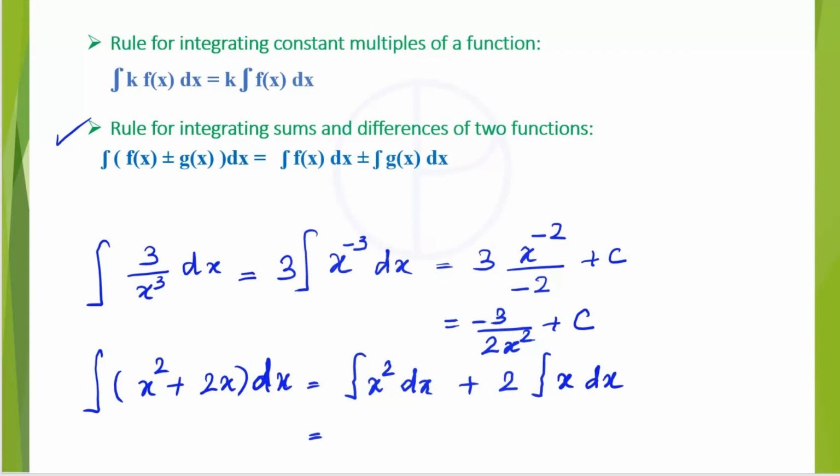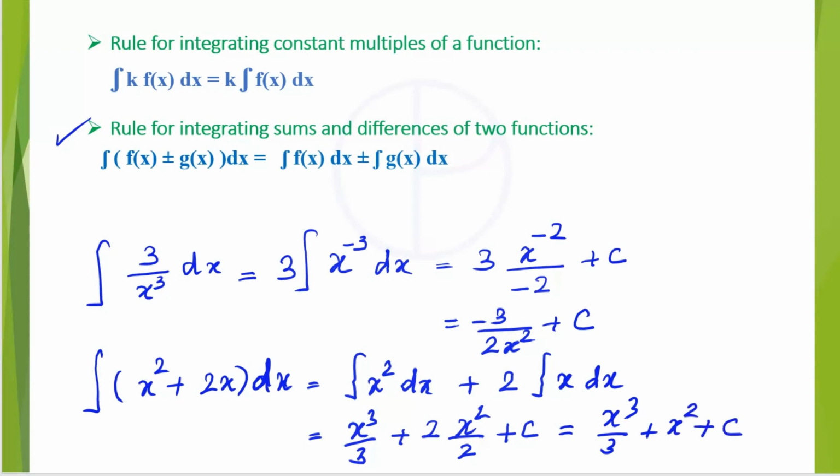Increase the power of x by 1. So x cubed divided by 3, divided by the new power, plus 2 integral x gives x squared divided by 2, plus the constant c. So x cubed divided by 3 plus x squared plus c.